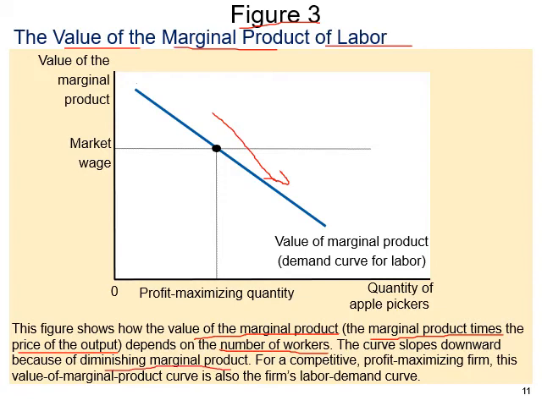Meaning, as you hire more workers, the value of the marginal product will decrease. For a competitive, profit maximizing firm, this value of marginal product is also known as the firm level demand curve.